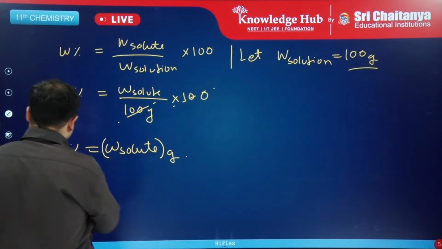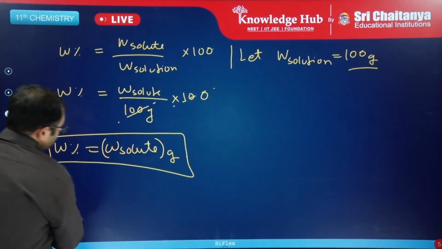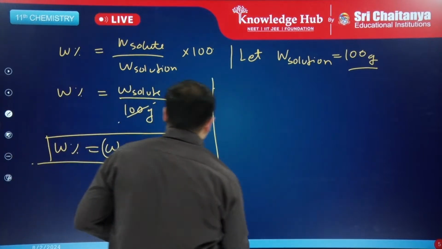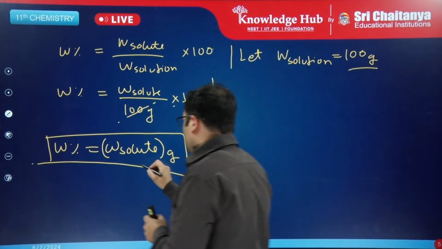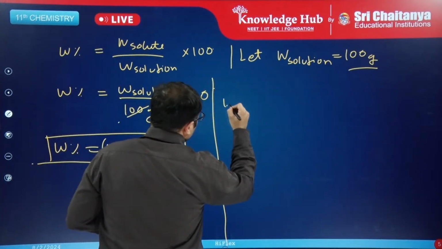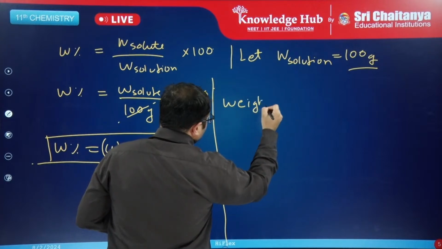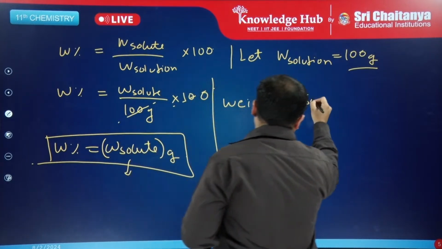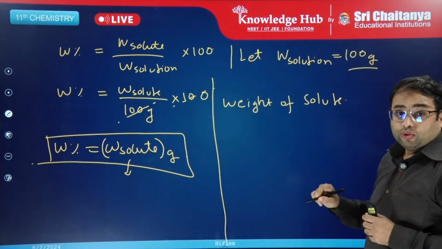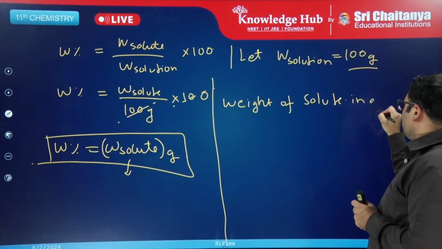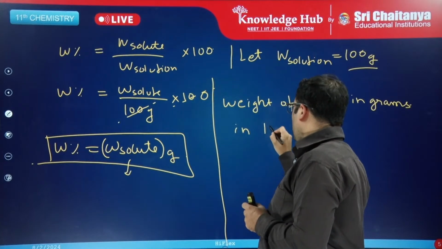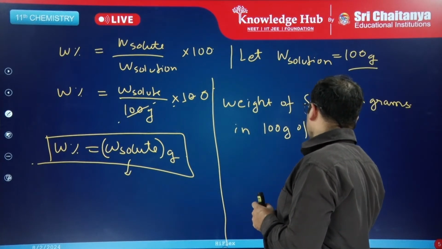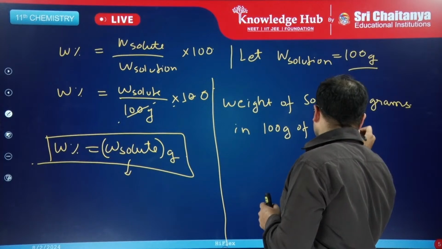Right. So I can say this. What is weight percentage? Weight percentage is weight of solute in grams in 100 grams of solution.